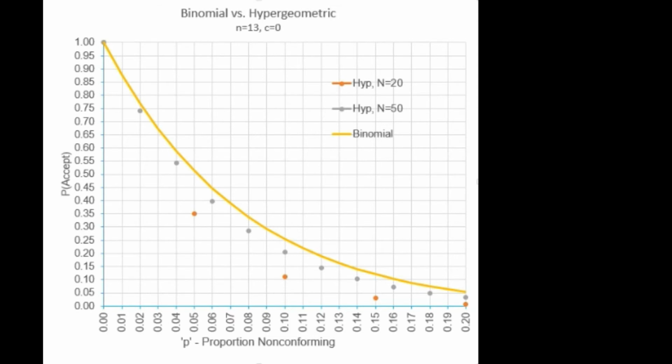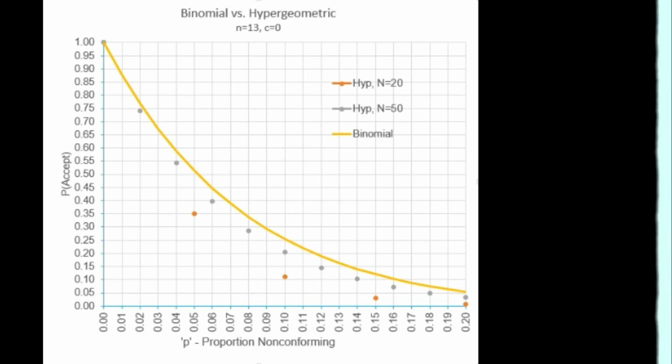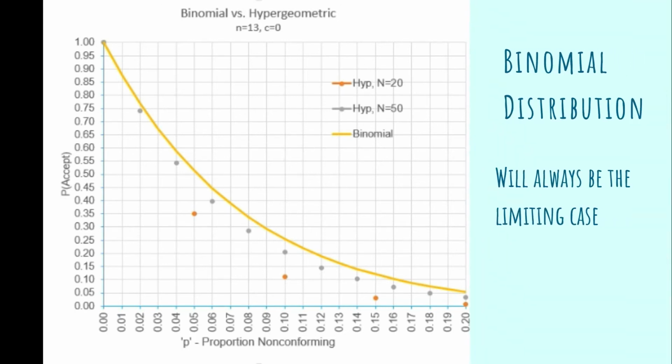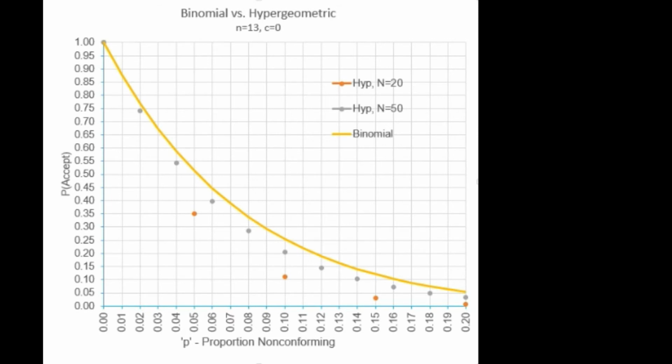So the important takeaway here is that the binomial distribution will always be the limiting case. The hypergeometric distribution, its operating characteristic curve will always fall inside the binomial, and you can see in this particular case, even at lot size of 50, how close the hypergeometric distribution is to the binomial.